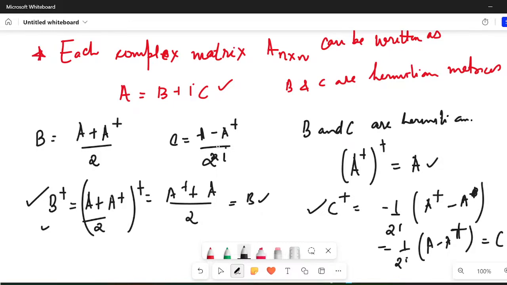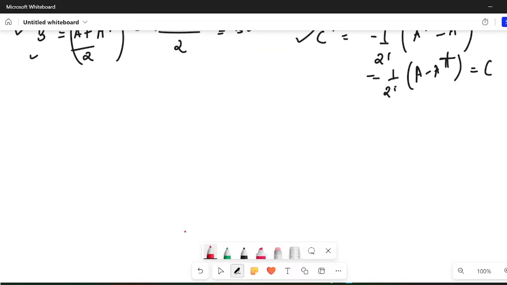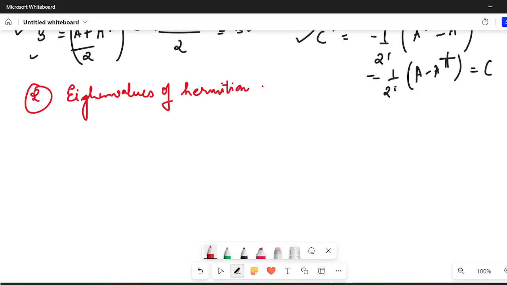So now regarding the eigenvalue things, the first thing that is very important is that the eigenvalues of Hermitian matrices are always real.